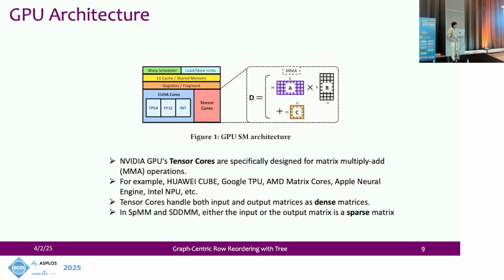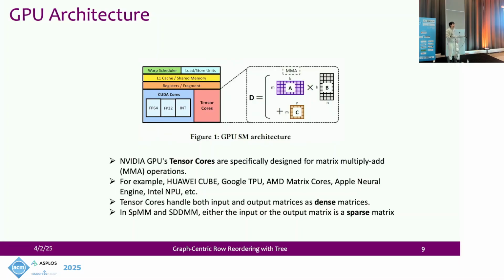Then I'm going to briefly mention the GPU. The most used GPU is from NVIDIA, and NVIDIA's GPUs contain a special component called tensor cores, which are specially designed for matrix multiply and add operations.